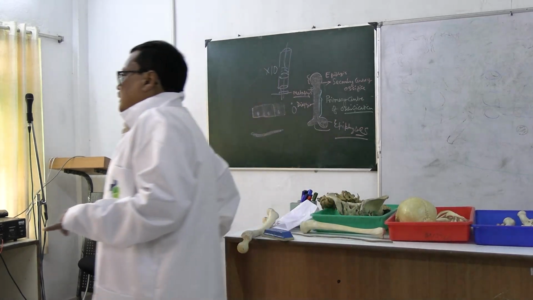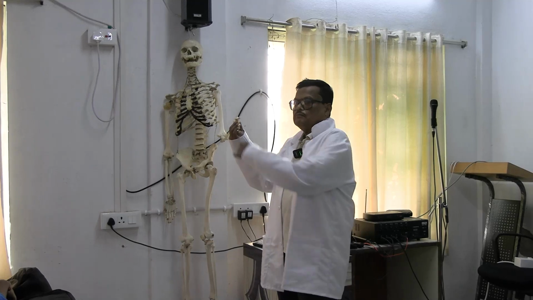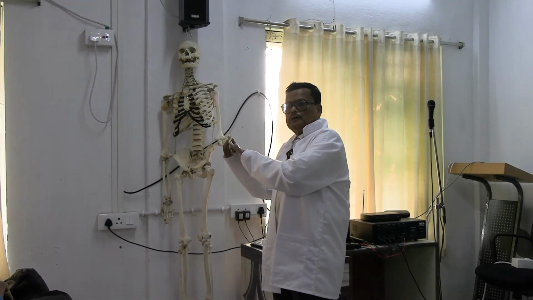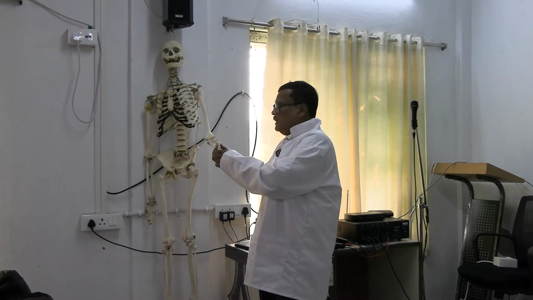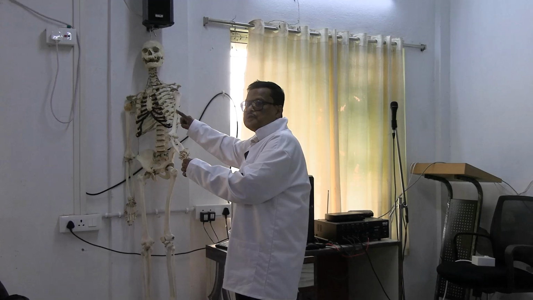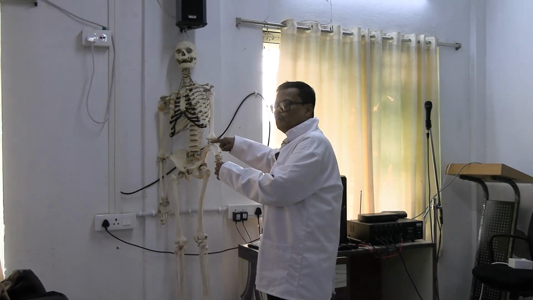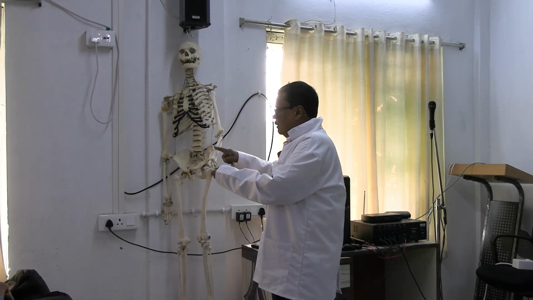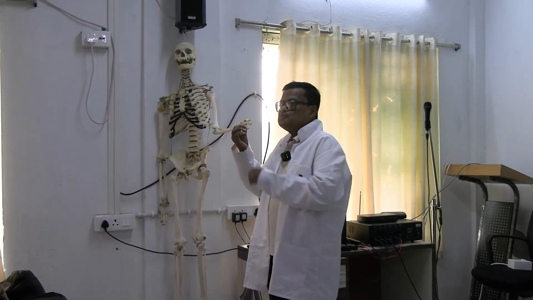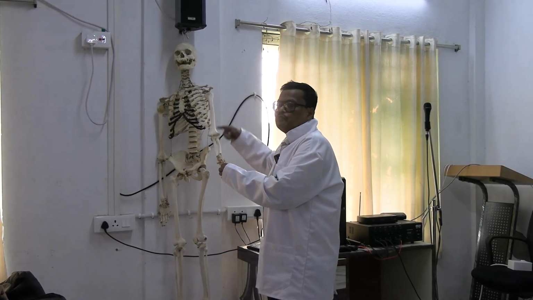এরপরে হচ্ছে এগুলি হচ্ছে মিনিয়েচার লং বোন। কেন? More or less all the features are there, but exceptions are there. Here only one, এখানে কি one primary center, two secondary centers of ossification, one up, one below. One primary center and two secondary centers. But here in these miniature long bones, so here one diaphysis, two epiphysis.